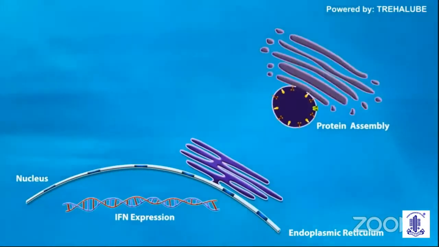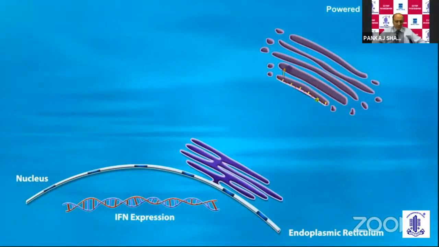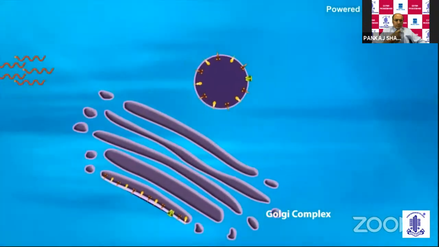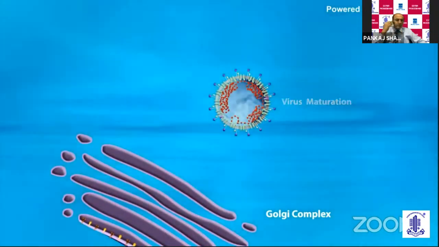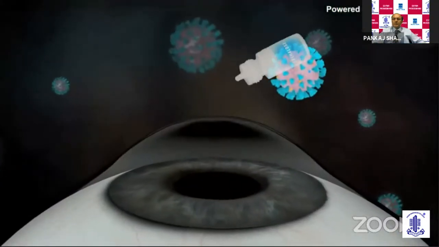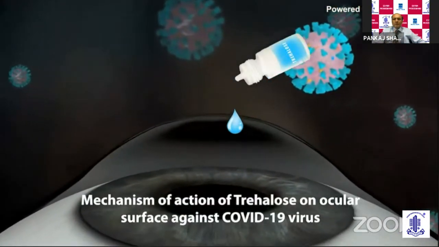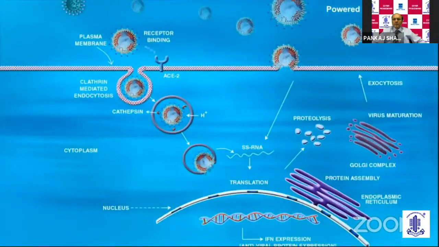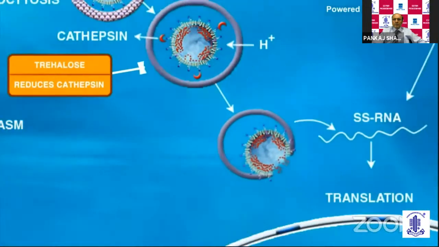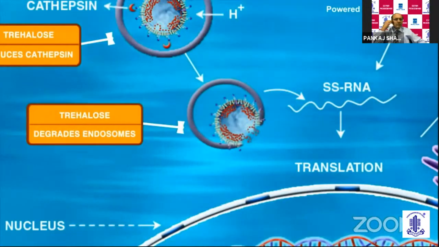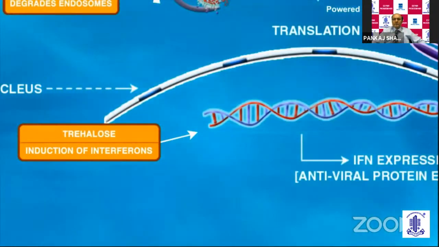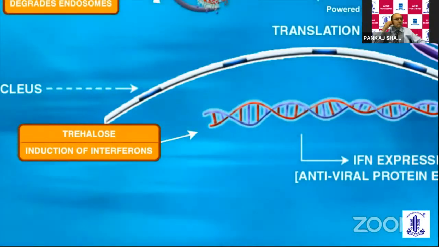The viral progeny are finally transported by the Golgi vesicles to the cell membrane and are exocytosed into the extracellular space. Trehalose blocks cathepsin, degrades endosomes, and augments the induction of the interferons, thus inhibiting the coronavirus.